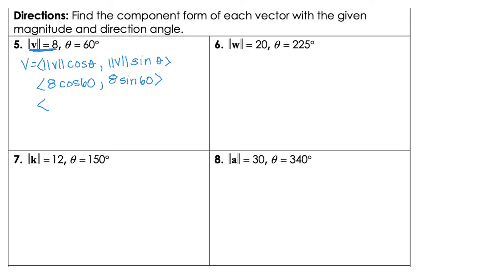Cosine of 60 is going to be 1/2, then we're going to have 8, and sine of 60 is √3/2. And so half of 8 is going to be 4. And then that 2 can cancel into the 8, leaving 4. So that's going to be 4√3.